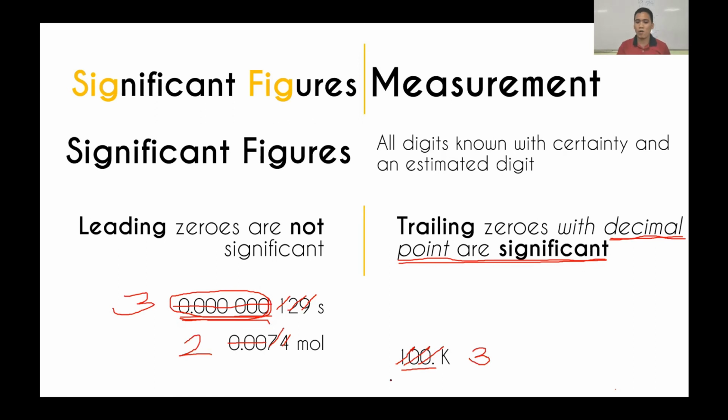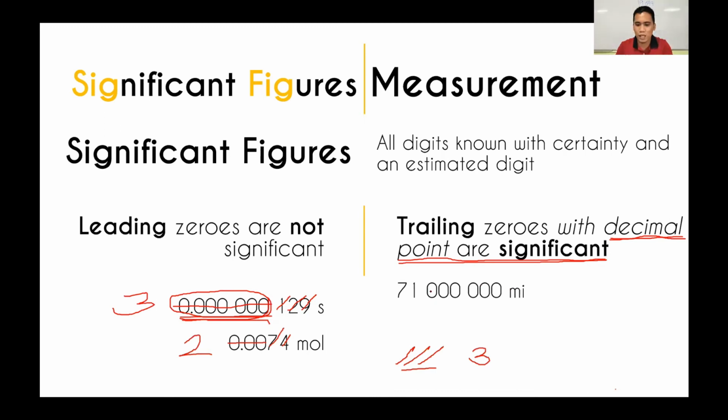Okay. Sir, how about if it has no decimal point? Okay, if it has no decimal point, for example, in this case, we have 71 million with no point at the end. No decimal point at the end. So therefore, we consider this as not significant. Remember, trailing zeros without a decimal point are considered not significant.